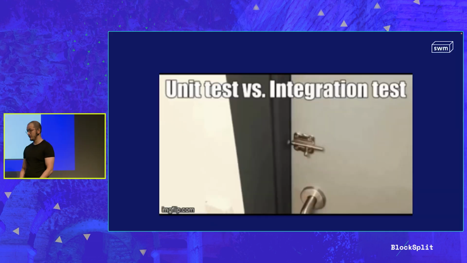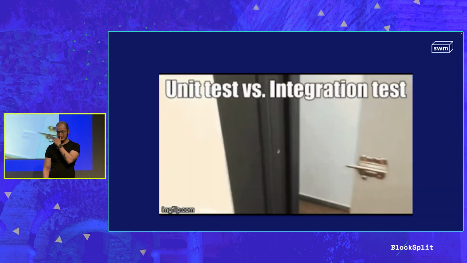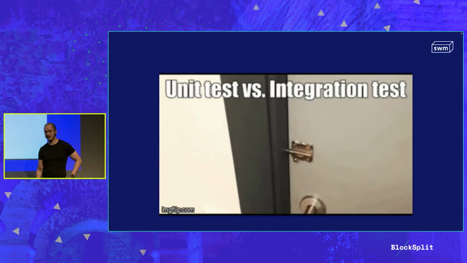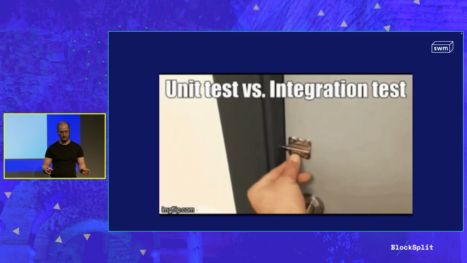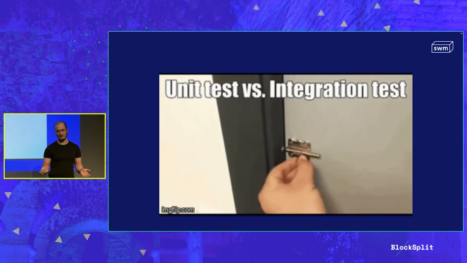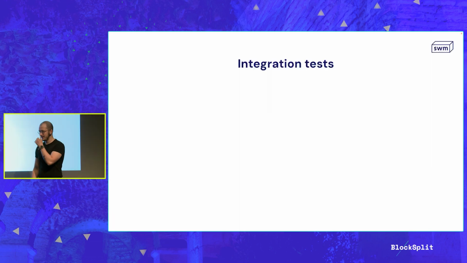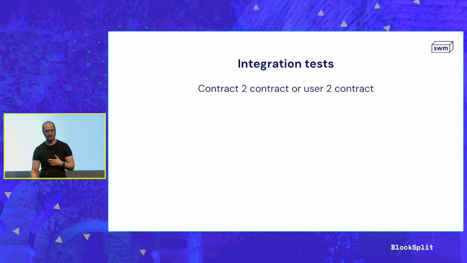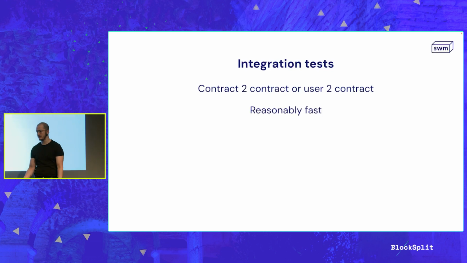Second one is integration testing. So you can see here what can happen when you don't integration test your contract. Basically, you test a lot of pieces of small code, but when you fit them together, it doesn't quite work. So there can be many interactions between smart contracts, like contract to contract or user to contract, and this is the scope that we are focusing on when integration testing.